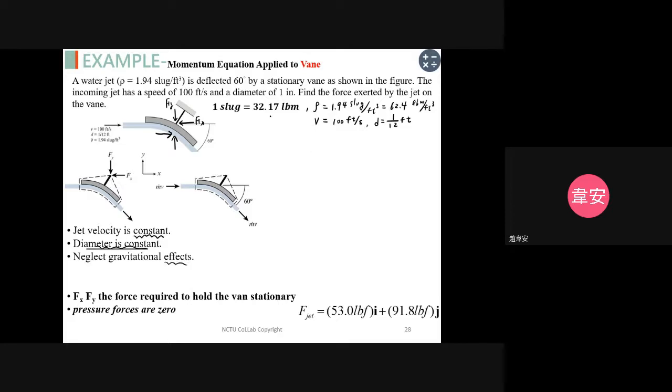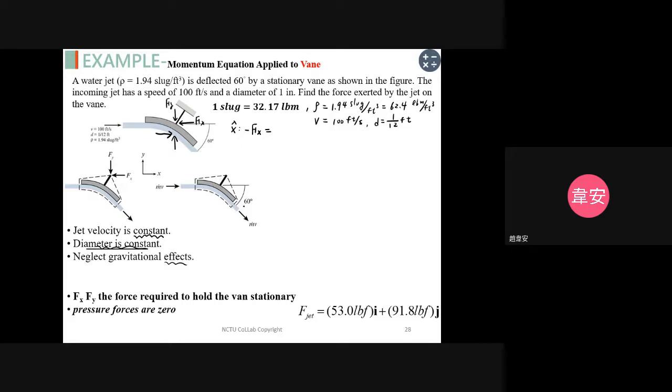Okay, so go back to see. We make the force balance and the momentum balance along the x direction. So first we have only one force along the x direction, which is minus Fx. And this is equal to the momentum balance along the x direction.